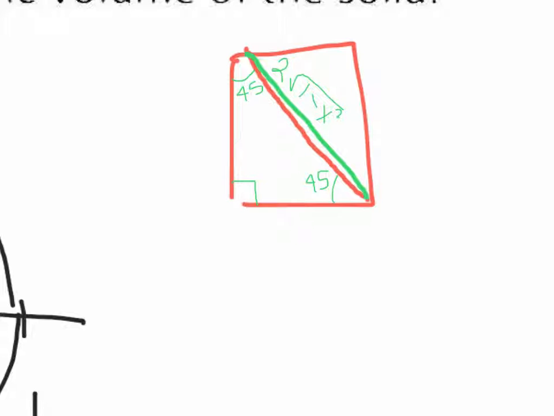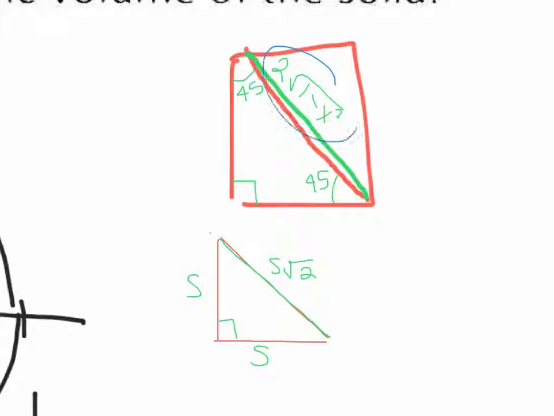So we're going to take a trip back in time to geometry, where you learned about 45-45-90 triangles. My hypotenuse of this triangle corresponds to the diagonal of my square. These triangles have the relationship where this side is s, and the hypotenuse is s root 2.